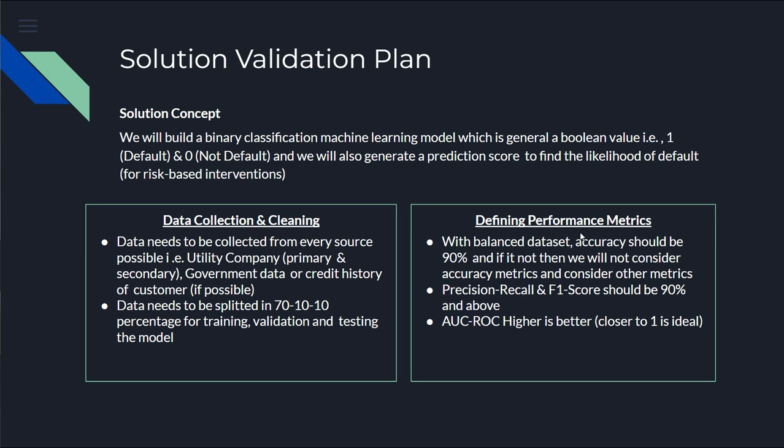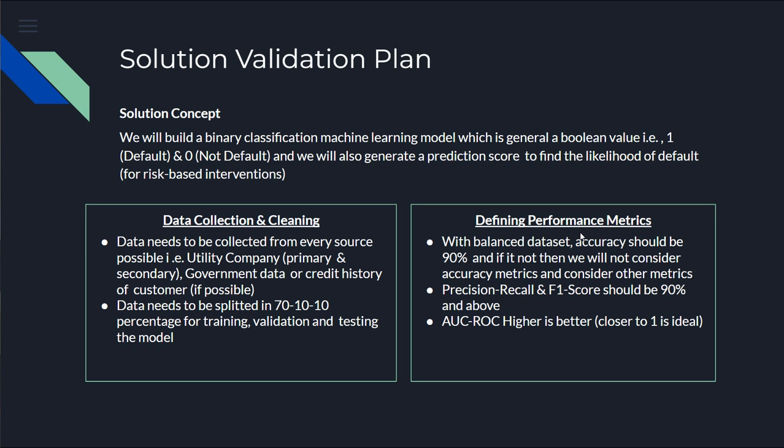So, defining the performance metrics for this particular model. Let's consider that if we have balanced data, we expect that the accuracy should be 90% and above. If it is not balanced data, then we will not consider the accuracy metric and we'll consider other metrics like precision, recall, and F1 score, where the expectation will be that it should be above 80% and 90% and above.